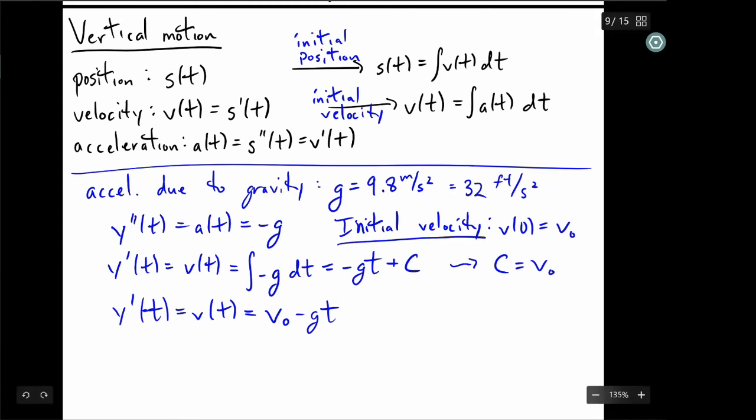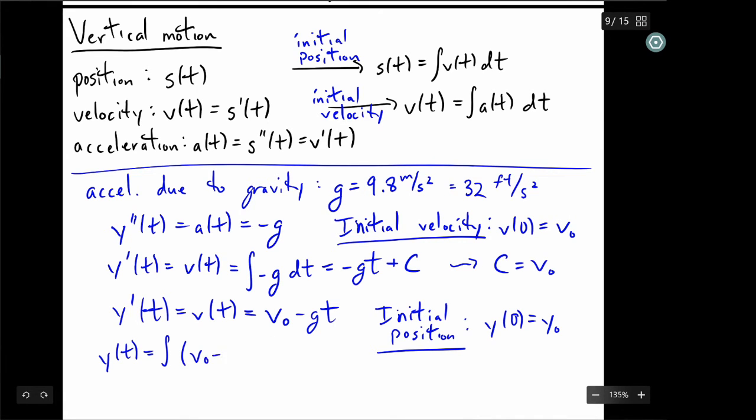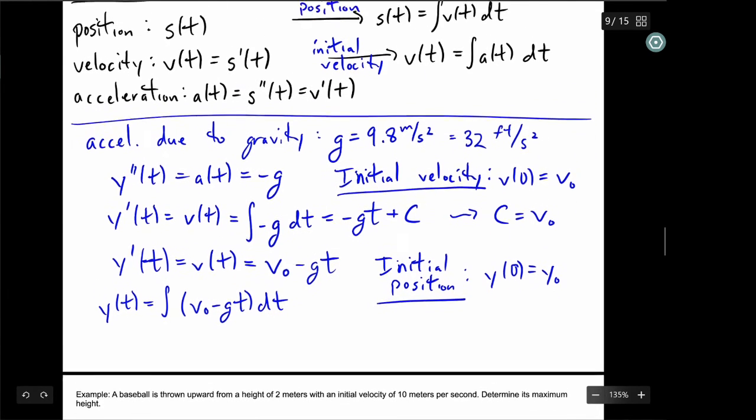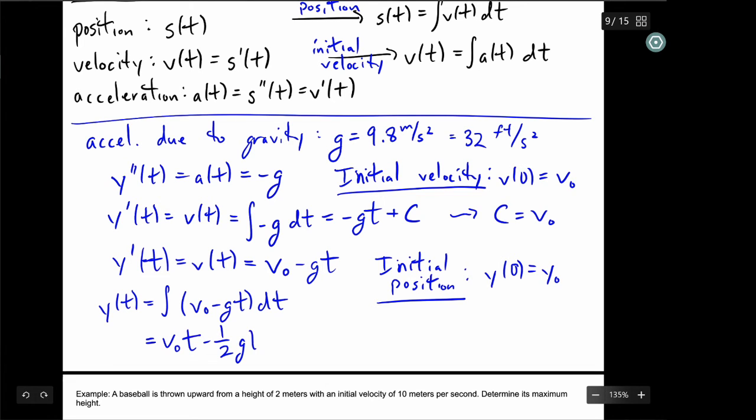Now, if we add on to that the initial position, I'm going to call this y of 0 equals y naught. Then y of t is the integral of our velocity. If I integrate that, I get v naught t minus one half g t squared plus c.